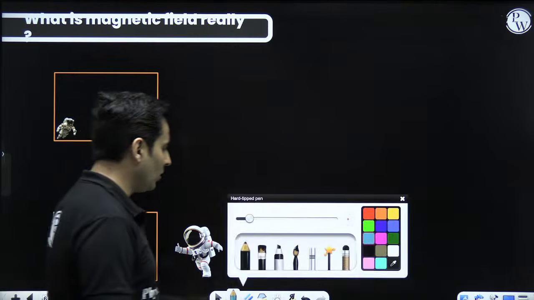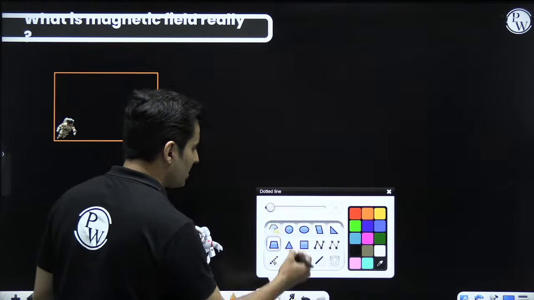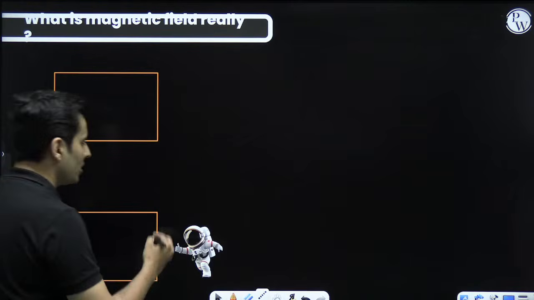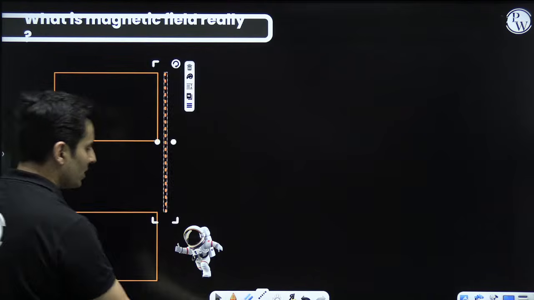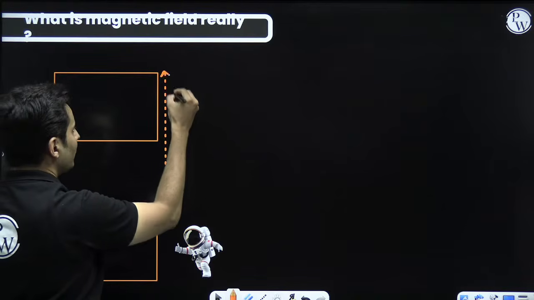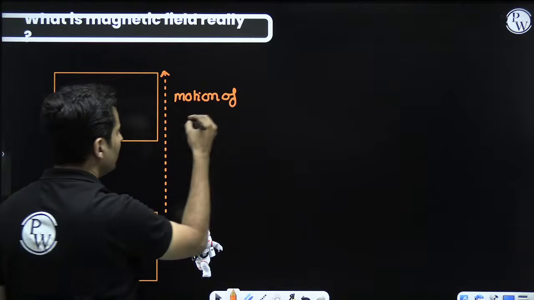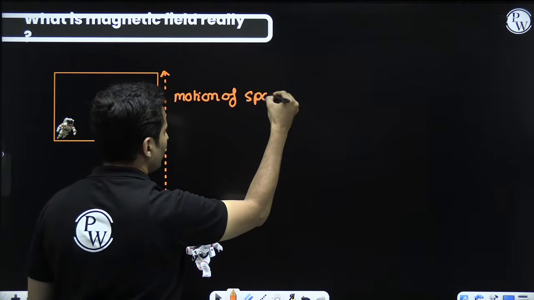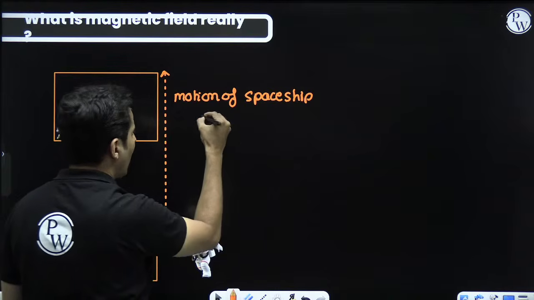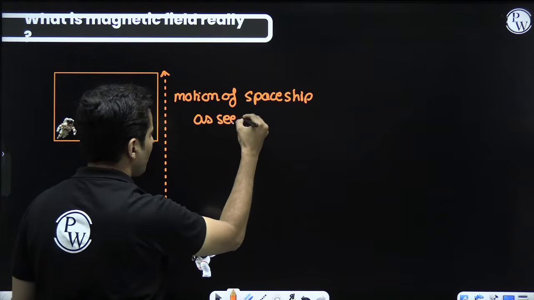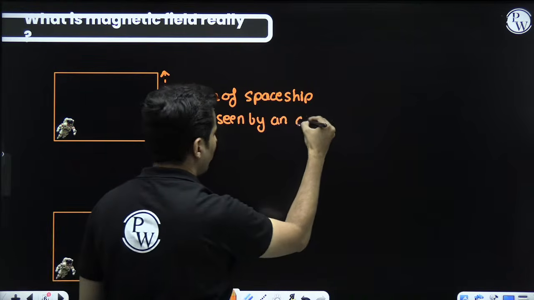Alright, so this is an observer who is outside that spaceship, and remember this particular spaceship is now going to be in motion, and let's assume that it was in motion in this particular direction. This is the motion of the spaceship as seen by an outside observer.